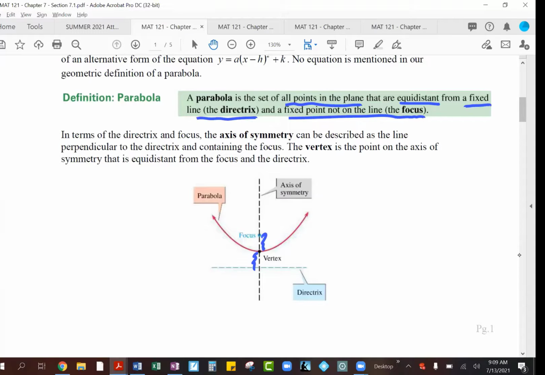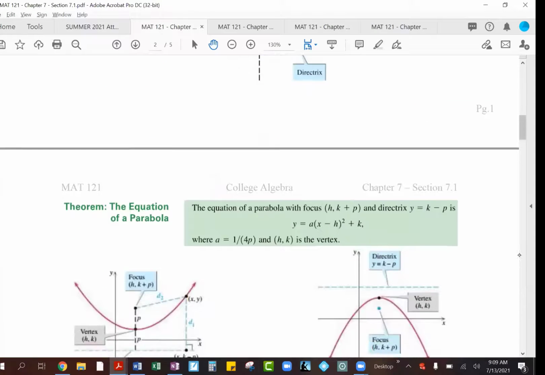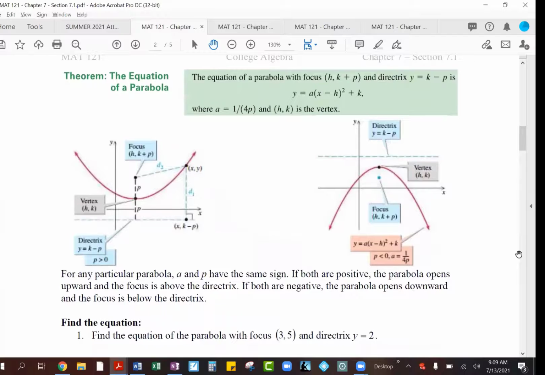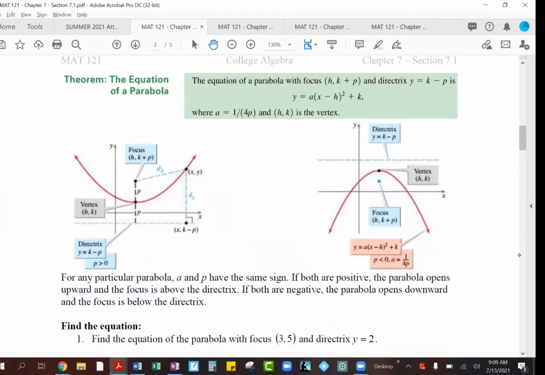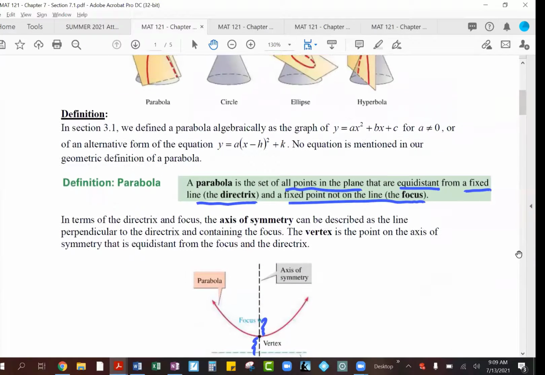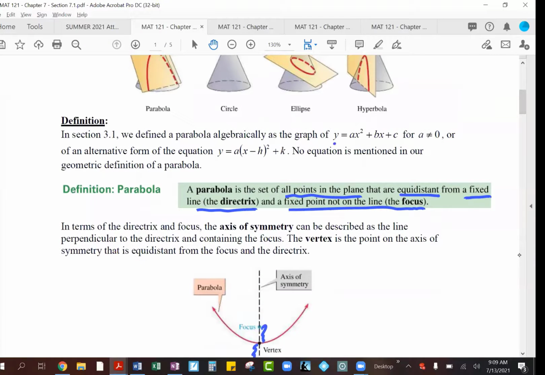Now, this idea of the focus is really interesting because when we talk about the reflective properties of the parabola, that focus will come into play. Now, of course, we're keeping the same equation for our parabola. So you have this one here, what I call the transformation form, but you can have that in the standard form also, which is what we are familiar with.